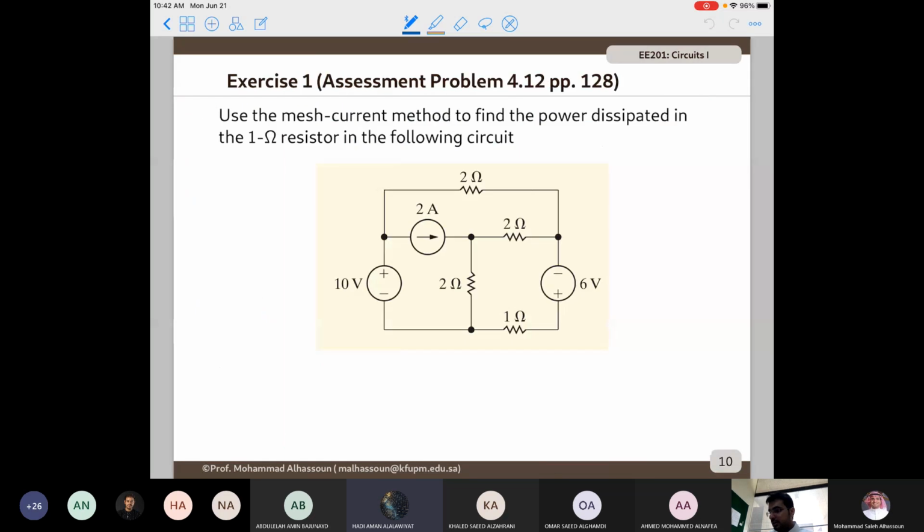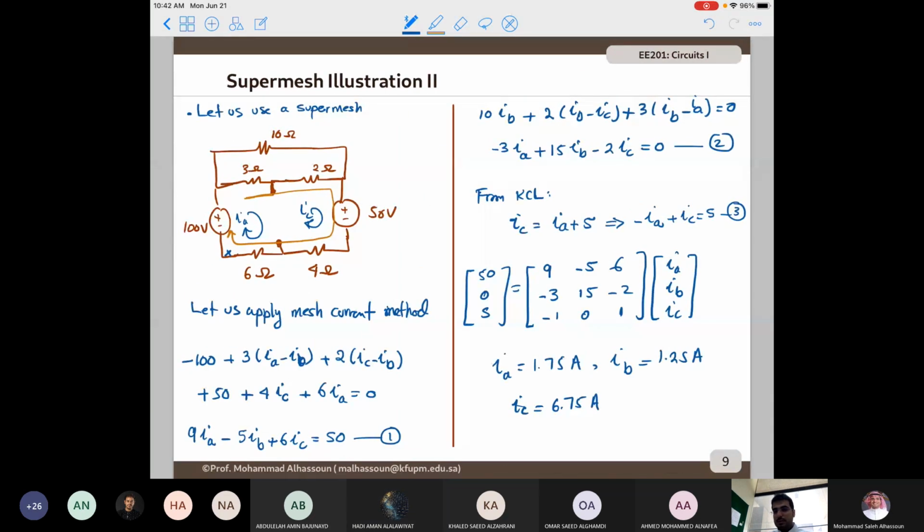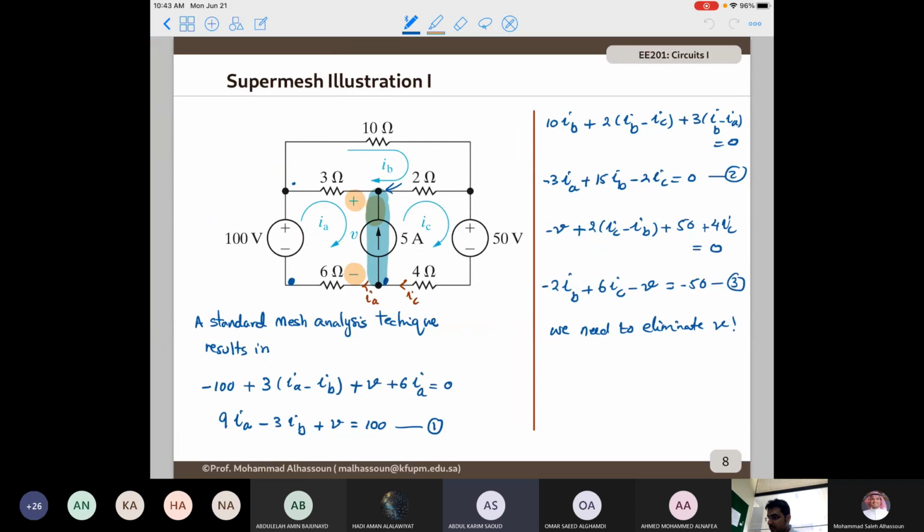Okay, let's solve this exercise. Karim, question? Yes, doctor. In equation 3 here from KCL, isn't IB there also, like IA, the current source, and also IB? Yes, this is a very good question.